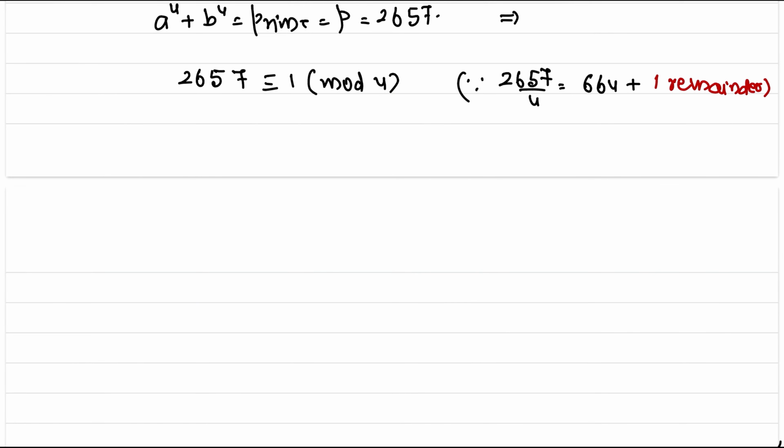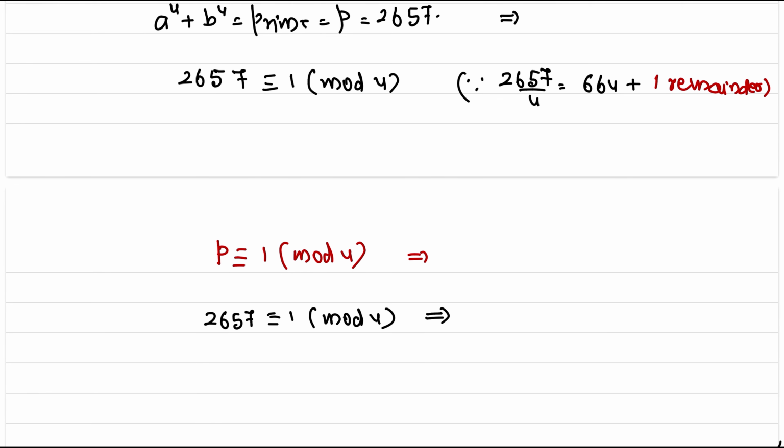When it is a prime number equivalent to 1 mod 4, that means p is equivalent to 1 mod 4. 2657 is equivalent to 1 mod 4. That implies it is a sum of two squares.